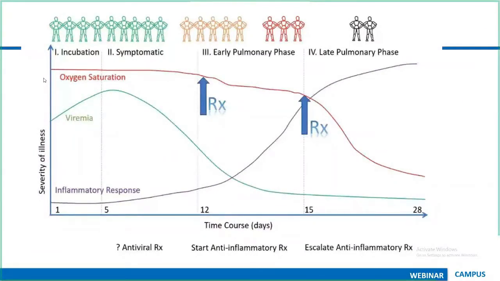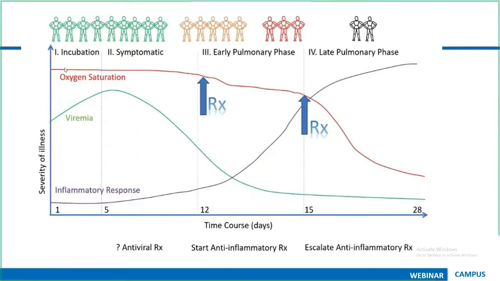Regarding the oxygen saturation, the patient will have a normal oxygen saturation up to even about 10 days. Later on, the patient can develop inflammation, which is called the early pulmonary phase, and can develop hypoxemia. This is very, very important, especially for patients with comorbidities and patients with high CRP, D-dimer values, etc. Even though their oxygen saturation remains the same up to 7-8 days, they can further deteriorate afterwards.